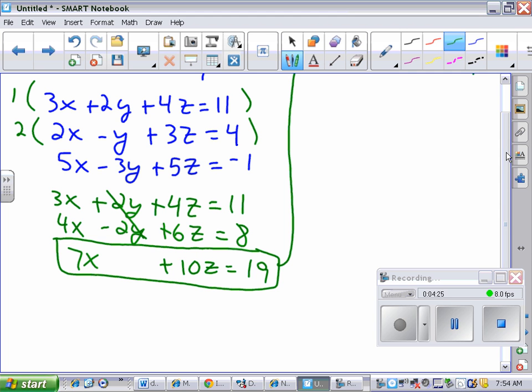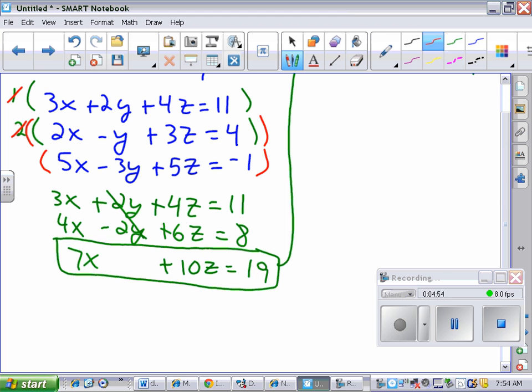I chose equation 2 and equation 3, so I'm not thinking about equation 1 anymore. Only now I'm using equations 2 and 3, and I must eliminate the y again, because I eliminated the y in the first one.